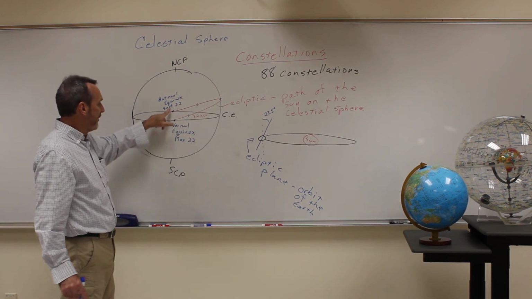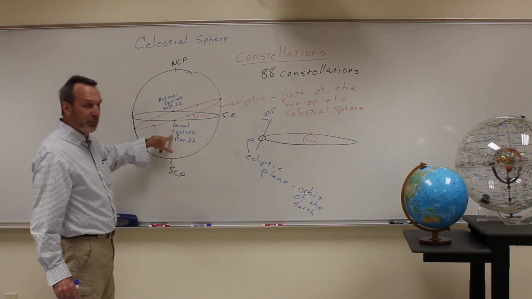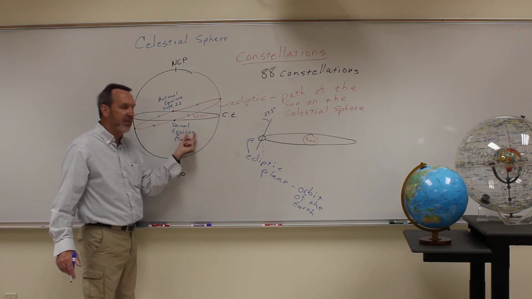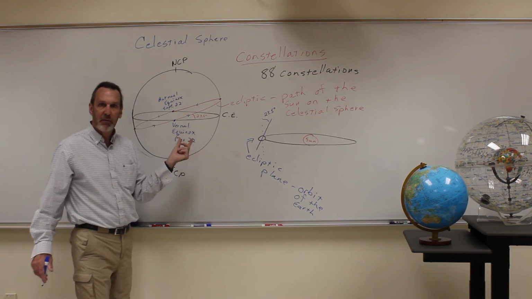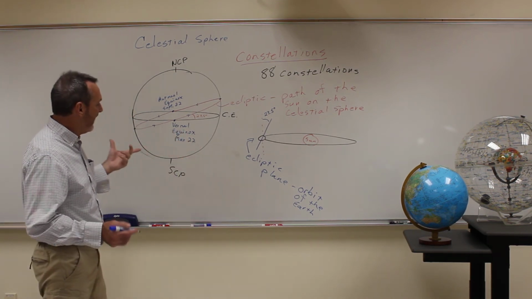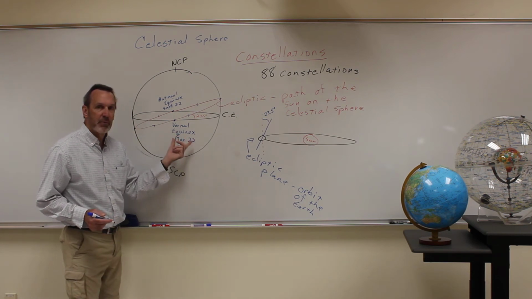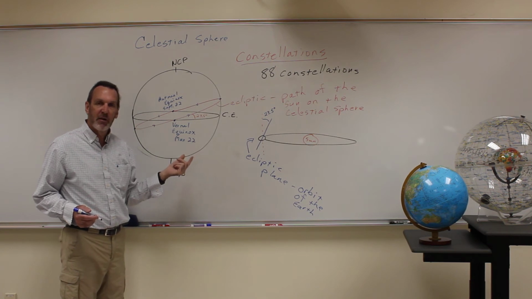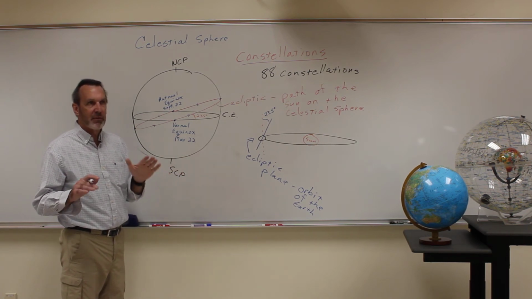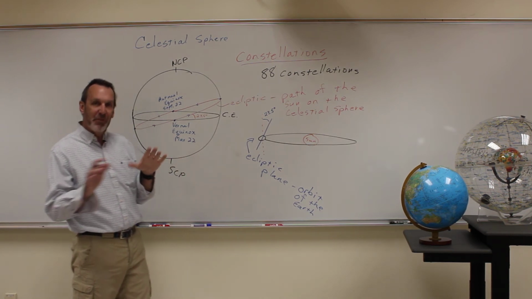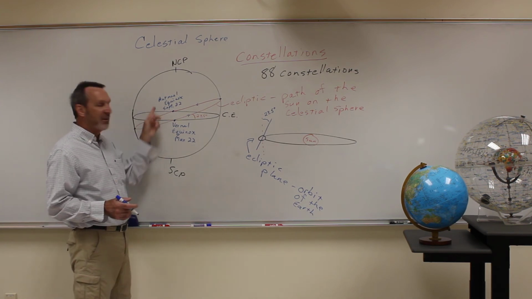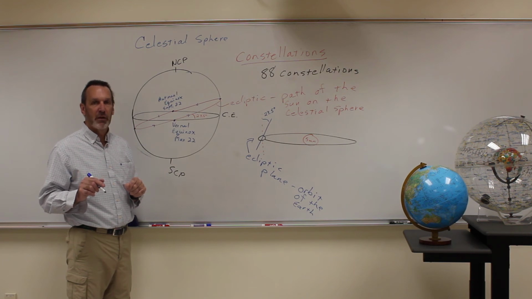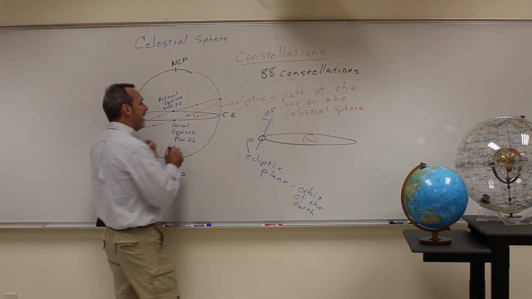Both these points occur when we have an equinox. Equinox means literally equal night in Latin, which means that the day and night are exactly equal length. And on those 2 specific days of the year, it doesn't matter where you are on the Earth, well, it does, ignoring the North and South Pole. But everywhere else on the Earth, you have exactly 12 hours of daylight and 12 hours of night on those days only.